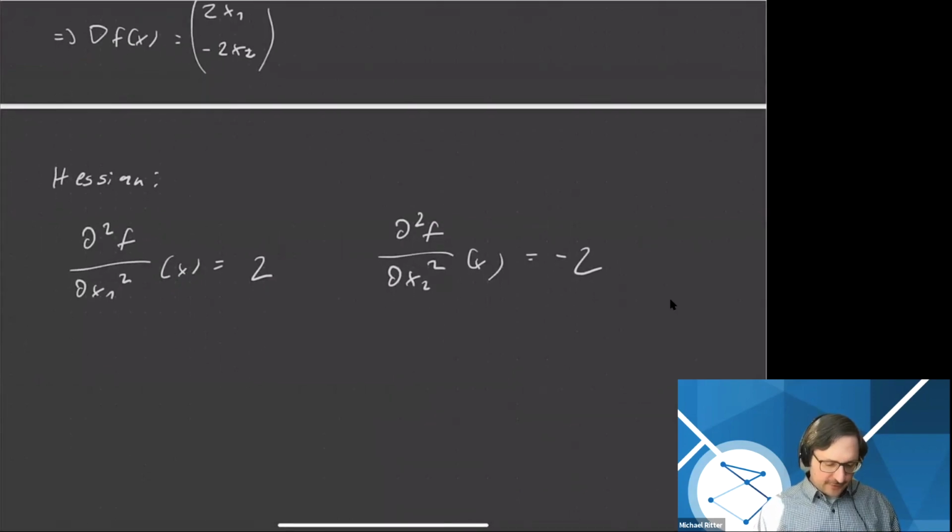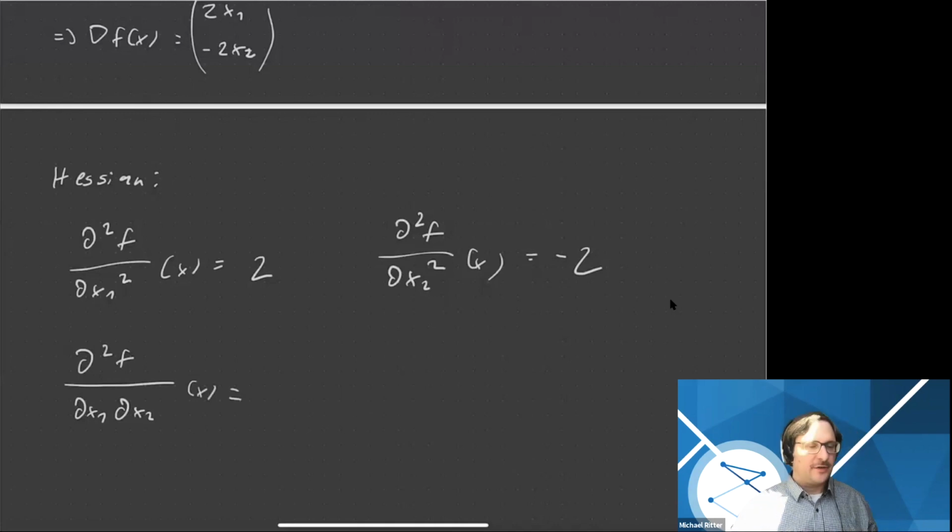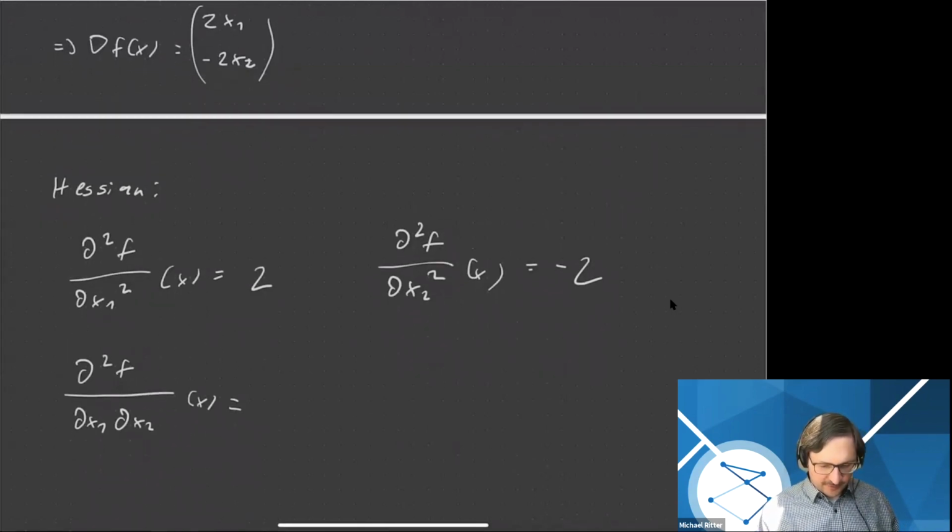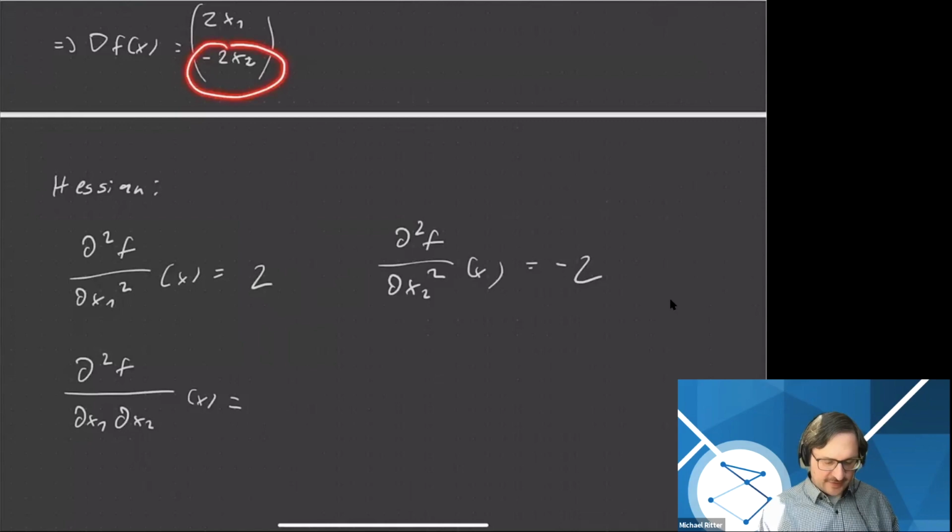Okay, and if we now take the mixed partial derivative, we need that one as well, d squared f dx1 dx2 of x. So that means we differentiate with respect to x2 first, the inner derivative, and then that again with respect to x1. For example, we take this one here and then differentiate once more with respect to x1.